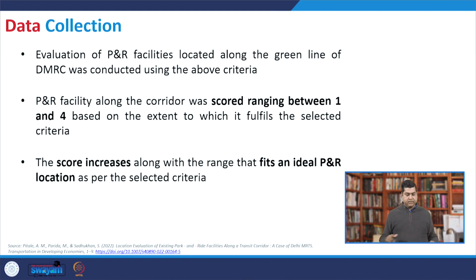After that, we go for the data collection, evaluation of PNR facilities along the green line only, to demonstrate. PNR facility corridor score ranges from 1 to 4 based on the table. The score increases along with the range, and it fits an ideal solution.